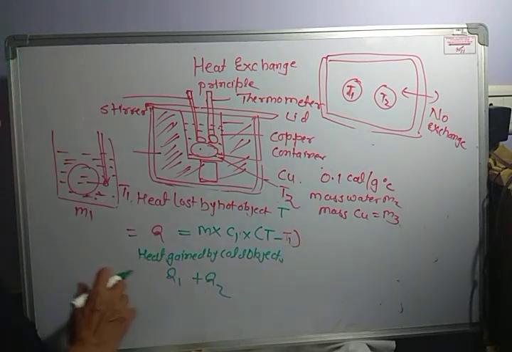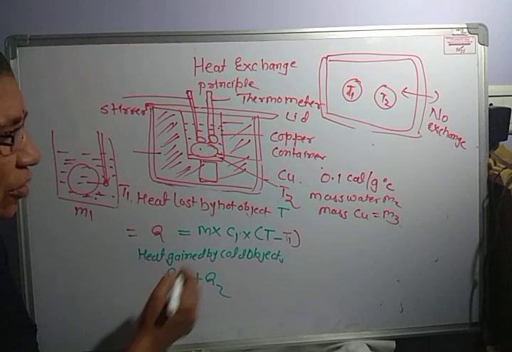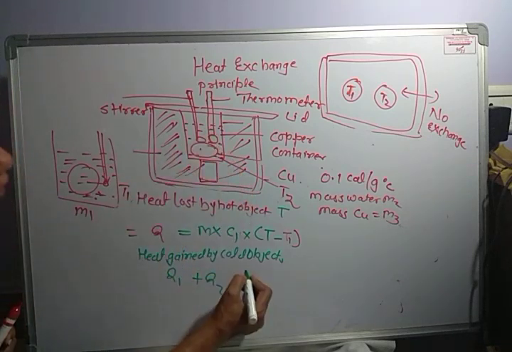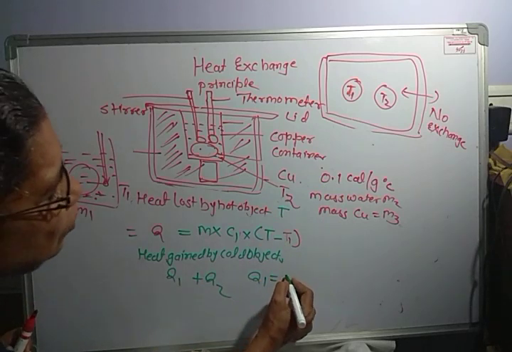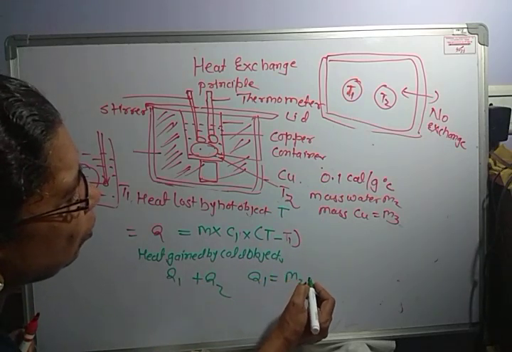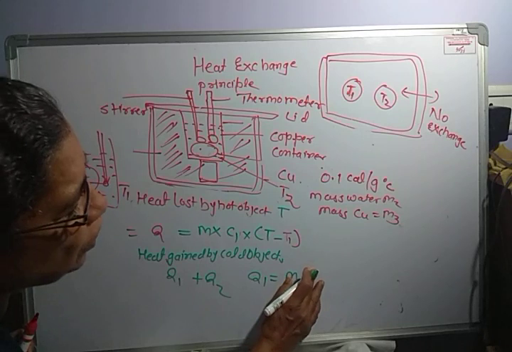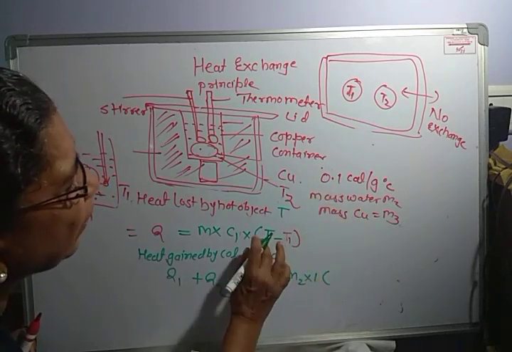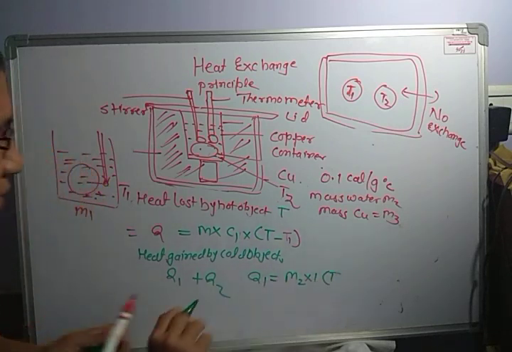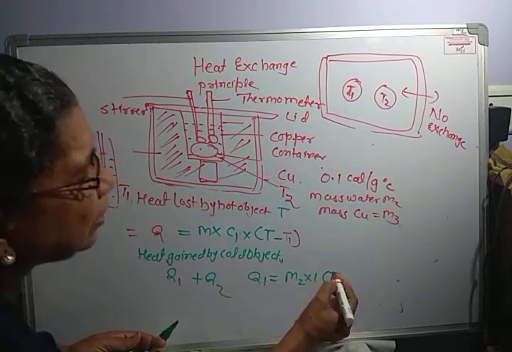And the heat gained by cold objects: one is the calorimeter, one is water. So Q1 is equal to m2 into C2. What is C2? It is 1, into the final temperature T minus the initial temperature T2.